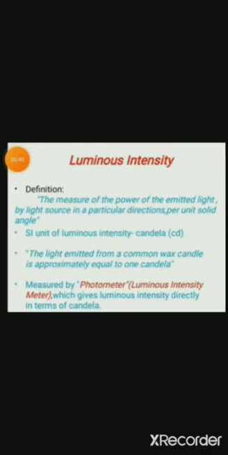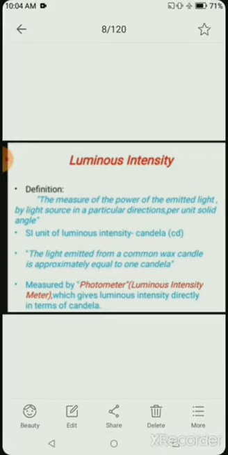Definition of luminous intensity: the measure of the power of the emitted light by a light source in a particular direction per unit solid angle is called luminous intensity. The SI unit of luminous intensity is candela and is denoted by cd.